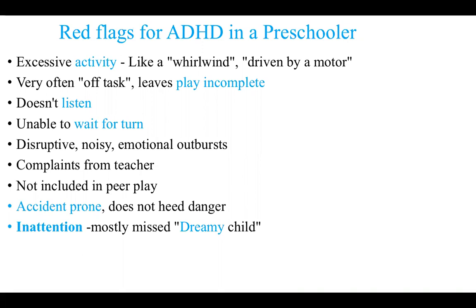So when does one call it neurotypical behavior versus borderline cases versus in-your-face ADHD? As pediatricians, we are uniquely positioned to arrive at that conclusion, primarily because we see a lot of children of that particular age group, or children of varying age groups. So we are able to define that this activity seems a little more abnormal, or is not what you would expect to be in the normal range.